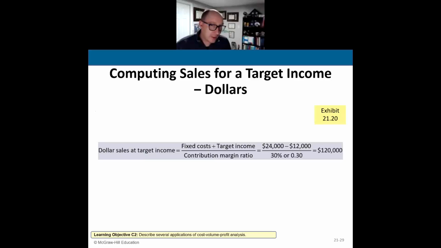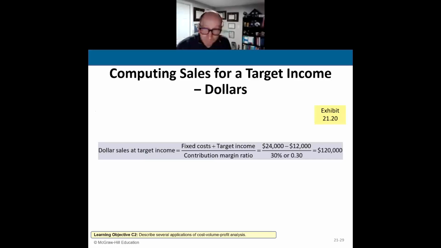I've got to figure out how many sales dollars I need to make in order to generate that amount of target income. So the way I calculate that is I take my fixed cost plus the amount I want to make, my target income, fixed cost plus the target income divided by the contribution margin ratio will give me my target sales.